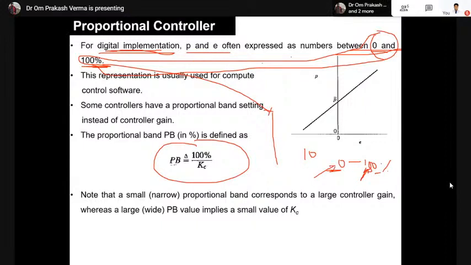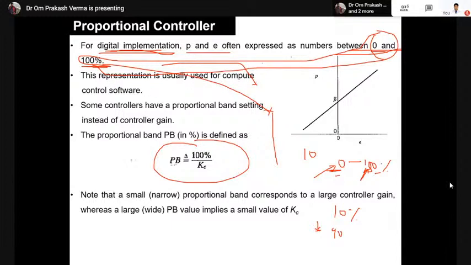So when you supply 10% of the error, the control valve will close 10% only, and 90% of the valve is open. So this is the specification. Such a calibration is implemented in the digital proportional controller, and this type of controller has been utilized in computer software.